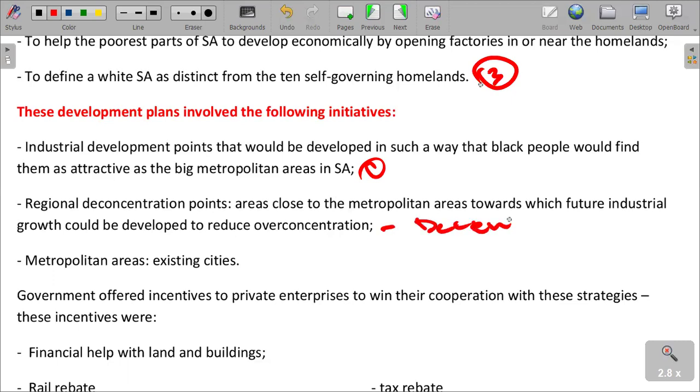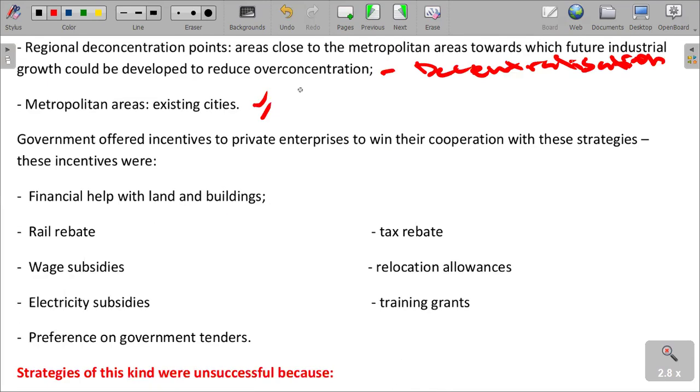That is to say, it was decentralization, or deconcentration, of people, businesses, housing and everything, building metropolitan areas in existing cities.